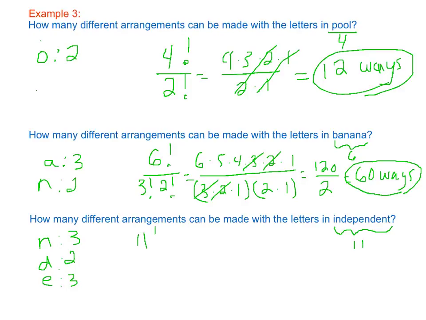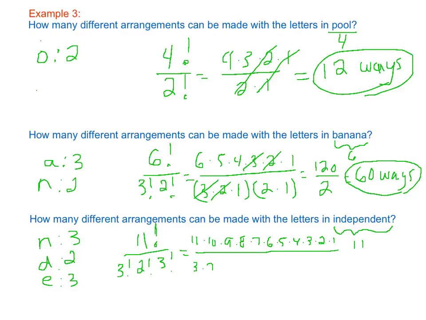So we start with 11 factorial all over the letters that duplicate: 3 factorial for the N, 2 factorial for the D, and 3 factorial for the E. So we've got 11 times 10 times 9 times 8 times 7 times 6 times 5 times 4 times 3 times 2 times 1, all over 3 times 2 times 1, times 2 factorial, and then again 3 factorial.